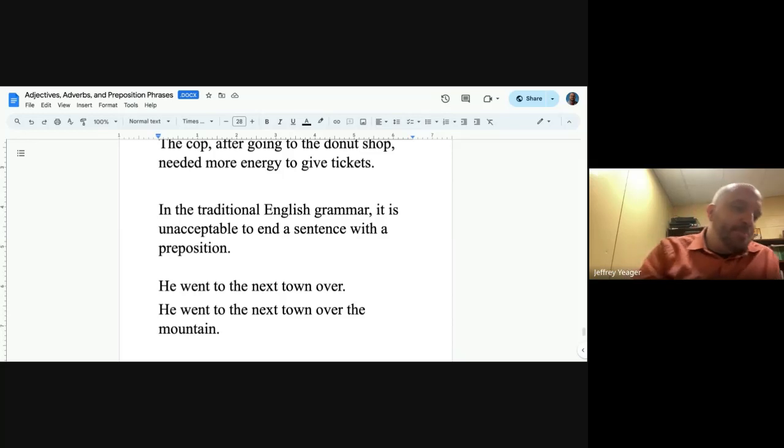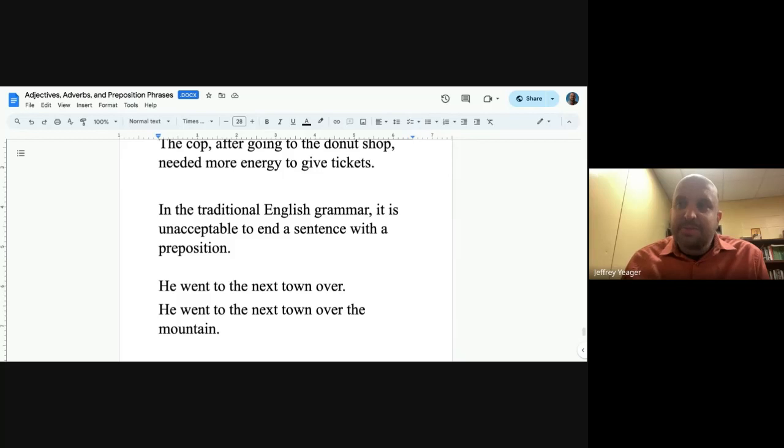And that's something that I mark a lot in my students' work. Lots of them like to end sentences with prepositions. We'll look at some practice problems in a second, but you can always rephrase a sentence, just like we just did with he went to the next town over the mountain. You can always rephrase to where you don't break that rule.